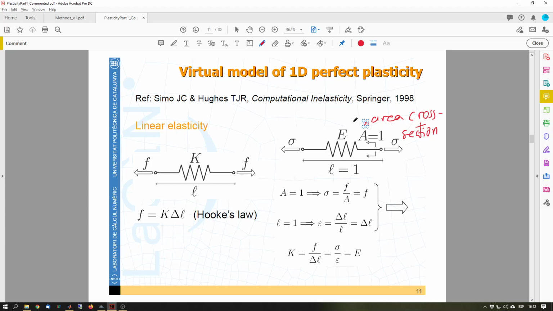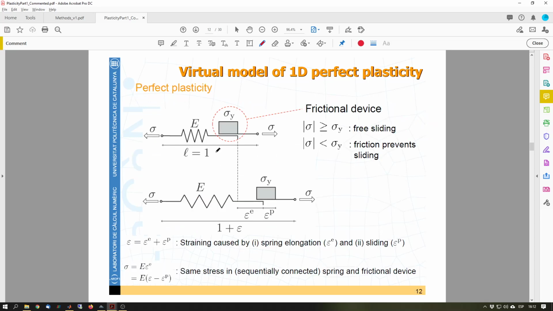Now, let's try to think of that spring equivalent to a continuum with plasticity. So this spring is not anymore fully attached on my right hand side, but instead we have a frictional device. You can think of it as attached, with some addition to that block here, and whenever I'm pulling, this follows and the spring deforms together with that device.